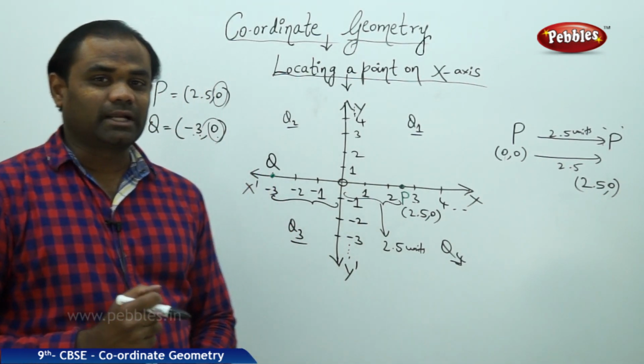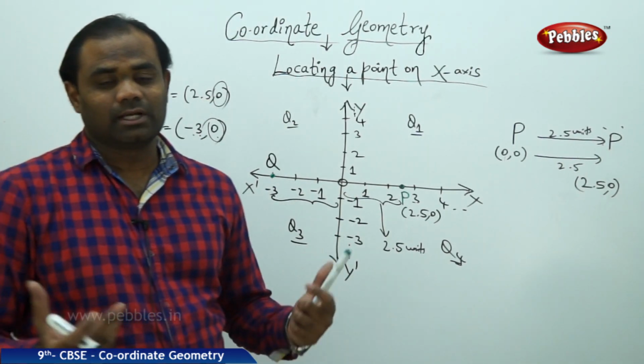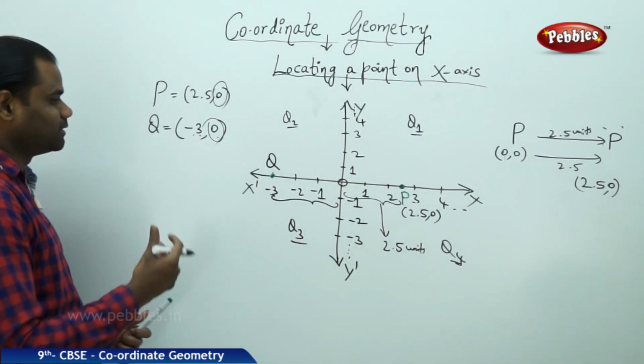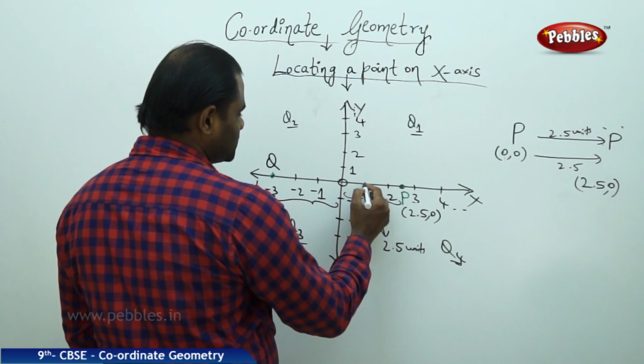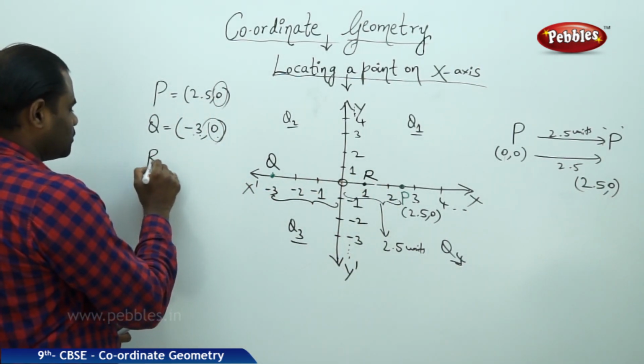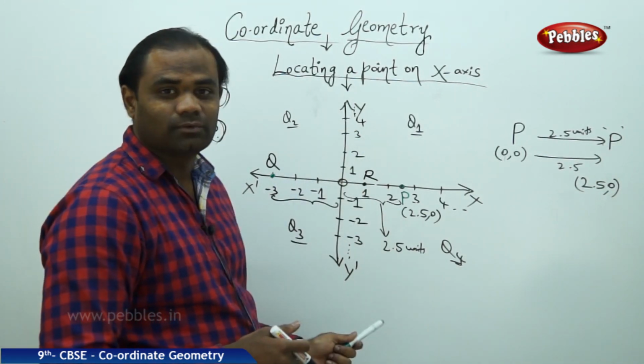So what do we understand from seeing these two coordinates? What is the learning outcome? Clearly, if we try another coordinate, say, let me take R out here, then I see that the coordinates of R are 1 unit to the right, so plus 1, and no change in y.